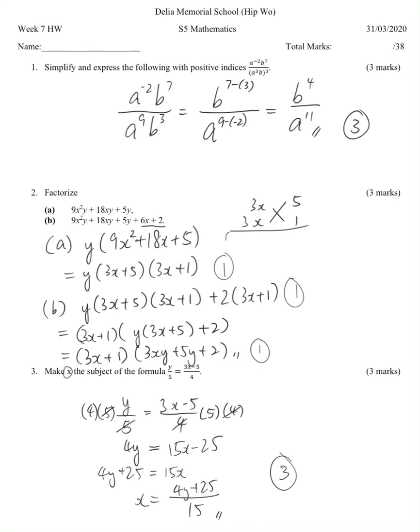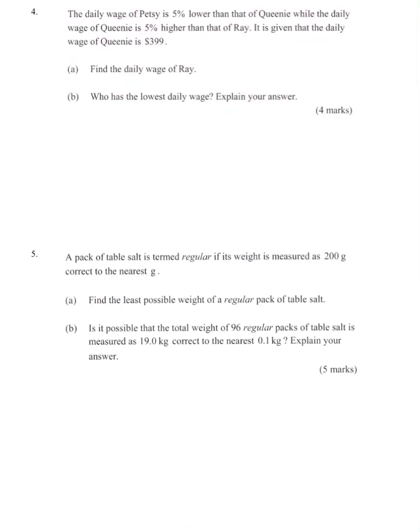So 3 marks there. Number 4, we know that Patsy's wage is 5% lower than Queenie, while the daily wage of Queenie is 5% higher than Ray.